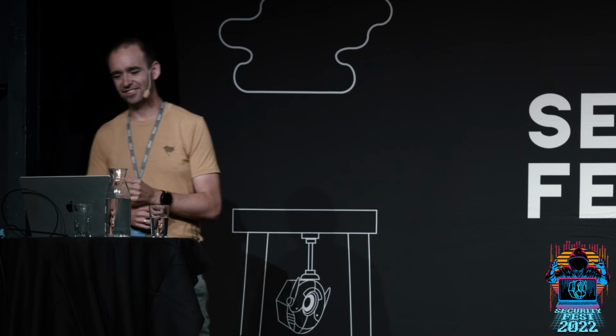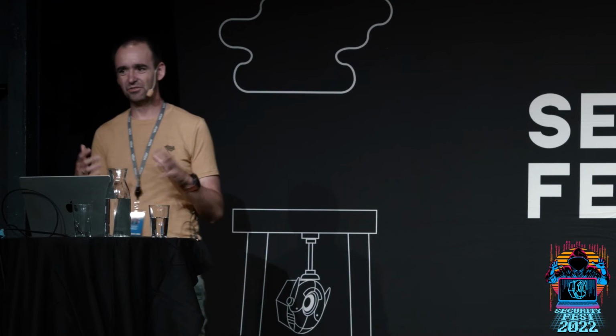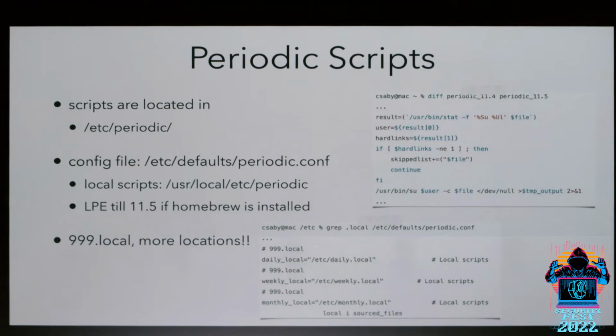Now, the interesting thing with this location was that if you have Homebrew installed on macOS, Homebrew is a package manager for macOS. Homebrew sets the /usr/local directory to be owned by the local admin user, or the first admin user on the Mac. Now, typically a Mac has a single admin user and that's it.